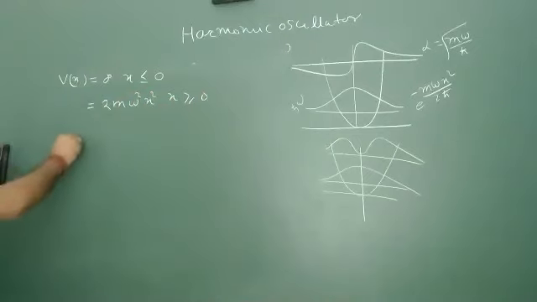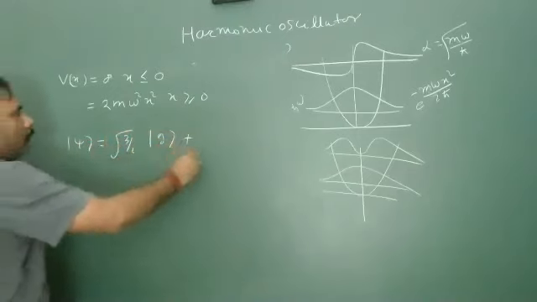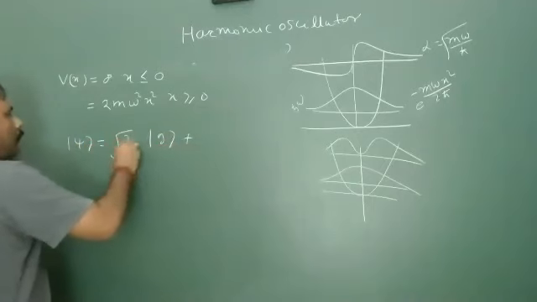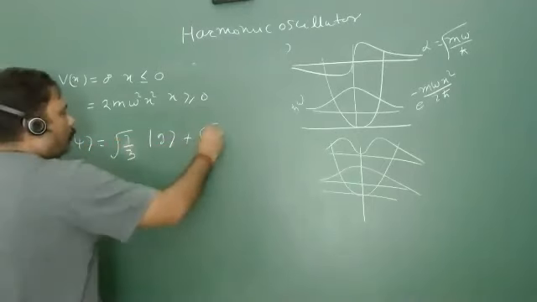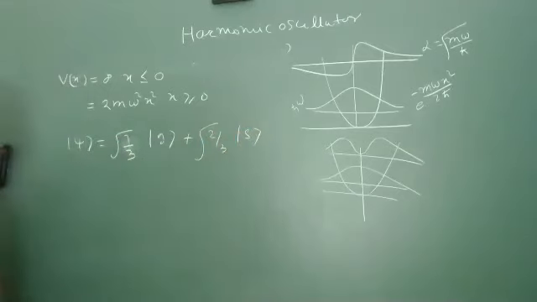The state psi is defined as root 1 by 3 times the ground state plus root 2 by 3 times the second excited state. G is for the ground state, S is for the second excited state. Find the average value of E.